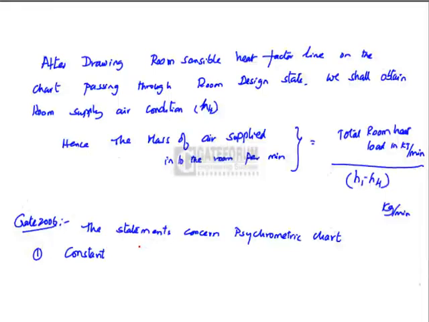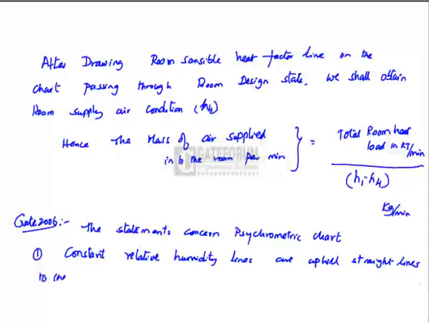Constant relative humidity lines are uphill straight lines to the right.